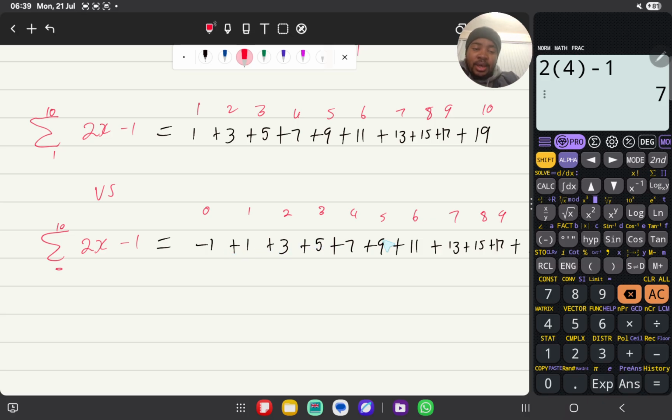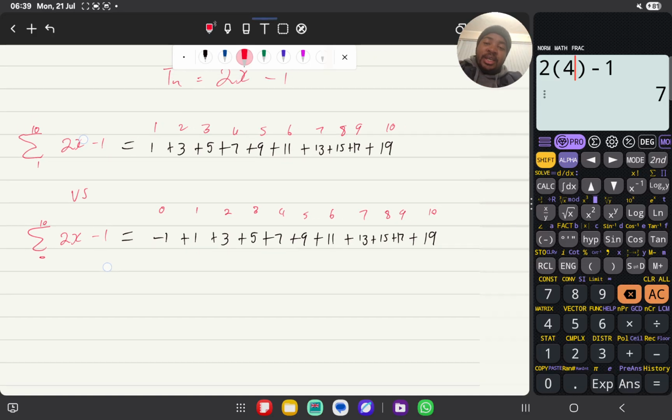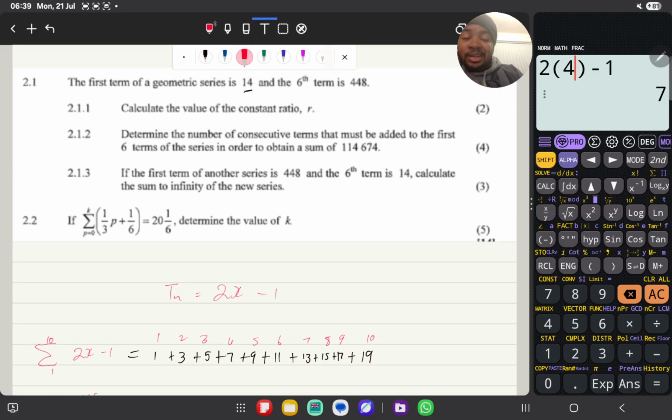And if I count the numbers given that I start from 0, I have 11 numbers: 1 up until 10 plus this one. I'm trying to paint a picture here that is going to help you with the thinking behind this problem. It's worth 5 marks. The rest are just child's play. This one is worth 5 marks. So yeah.